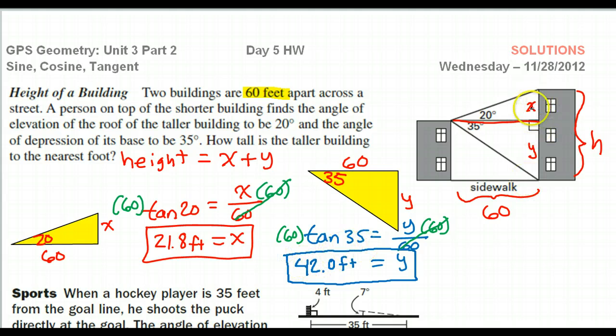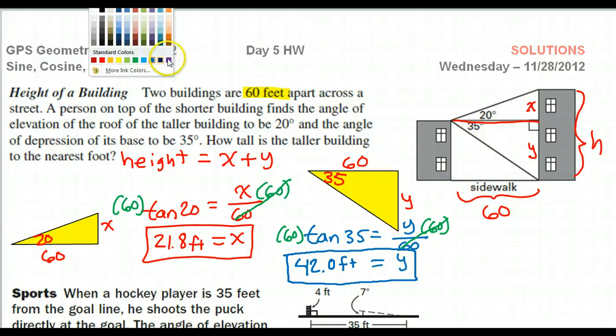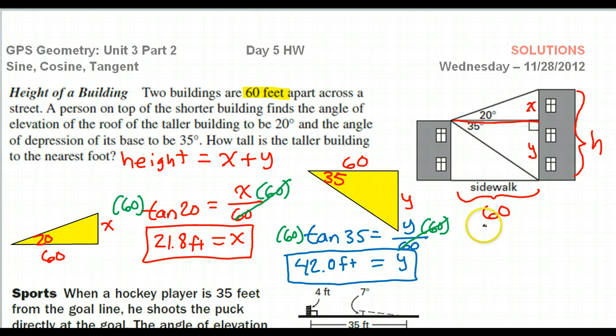Okay, so X is 21.8, Y is 42.0. So the overall height of the building should be the sum of these two. The height of the building should be X plus Y. All right, so that's just going to be 21.8 plus 42.0.